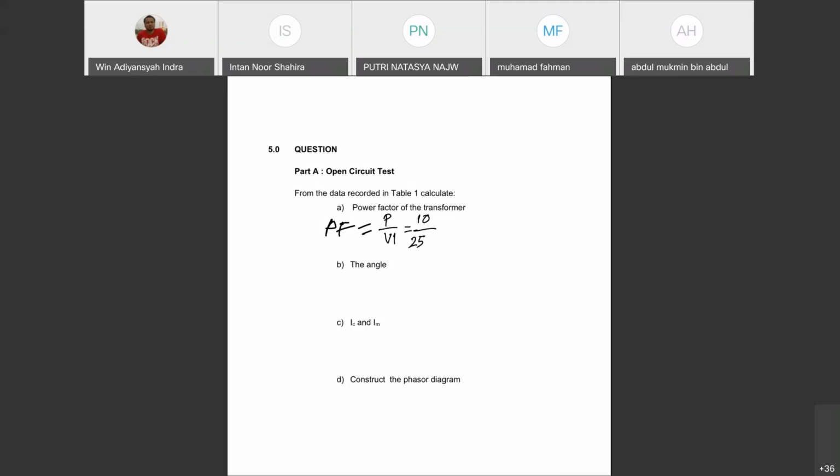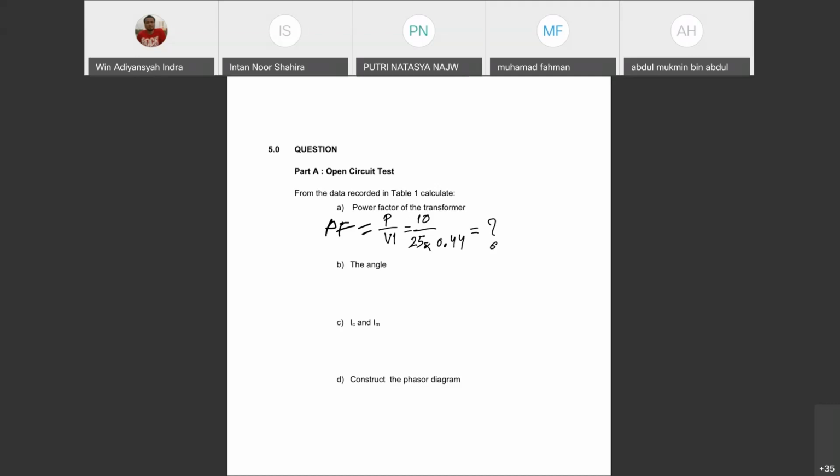I is the primary current. It depends on your experiment data. Primary current 0.44 maybe. So get the number here.